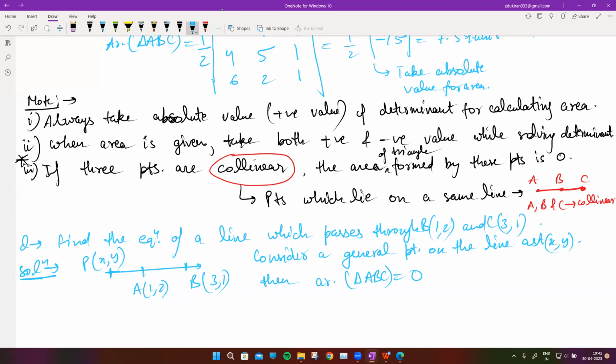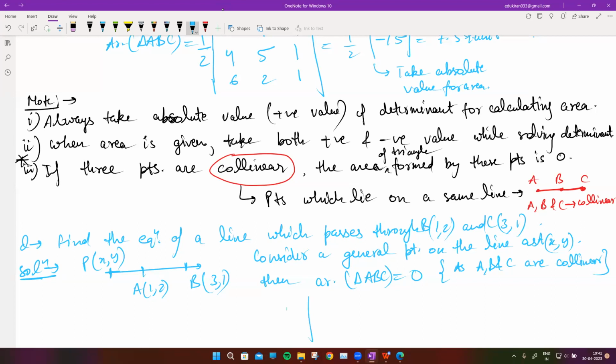The line is already passing through B and C, and you have assumed a point A on the line. It means the 3 points are collinear. So as A, B, and C are collinear, the area of triangle ABC must be 0.